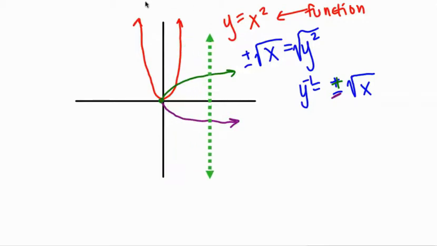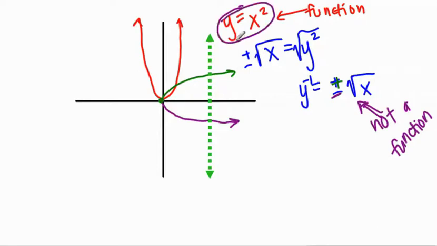So this equation is not a function. In order for our parabola, y equals x squared, to have an inverse function, it already has an inverse. Its inverse is not a function.